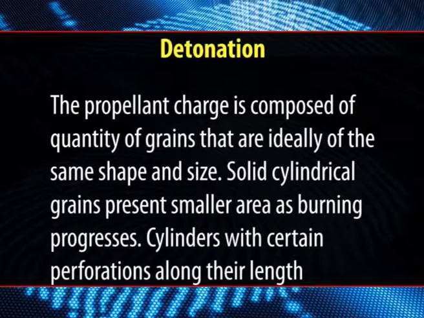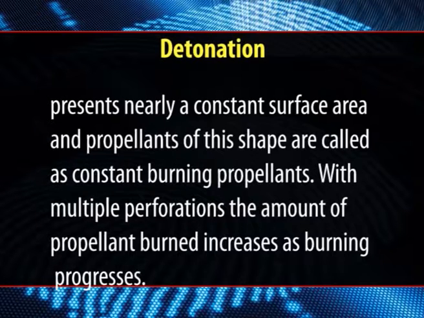The propellant charge is composed of quantity of grains that are ideally of the same shape and size. Solid cylindrical grains present a smaller area as burning progresses. Cylinders with certain perforations along their length present nearly a constant surface area, and propellants of this shape are called constant burning propellants. With multiple perforations, the amount of propellant burned increases as burning progresses.